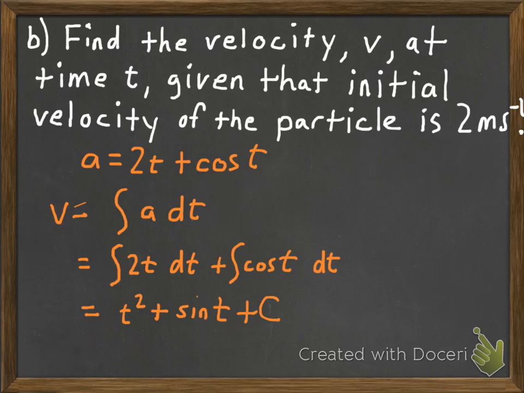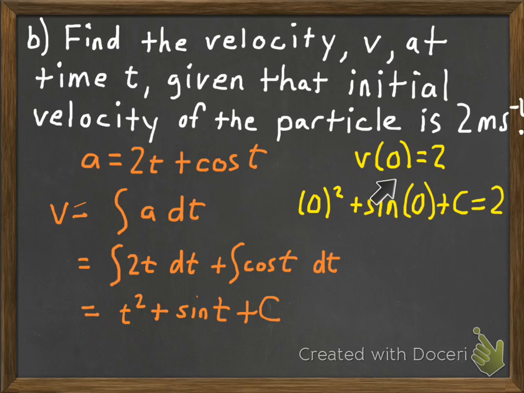All right, now we didn't know the constant of integration, but that's why they told us what the initial velocity of the particle is. All right, what we can do now is we can set this equation equal to 2 for when t is equal to 0. You already know how to do this, but watch. There you go. When time is 0, the velocity is 2. Plug that in over here. All right, 0 squared is 0.